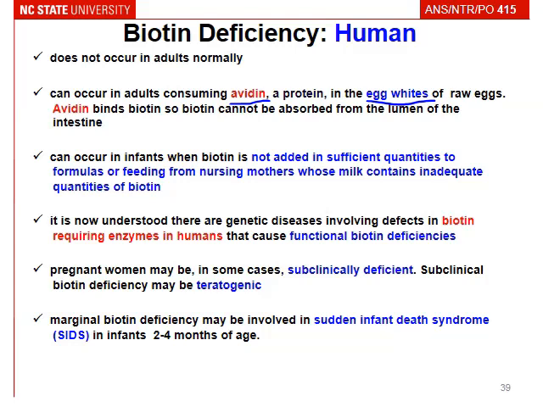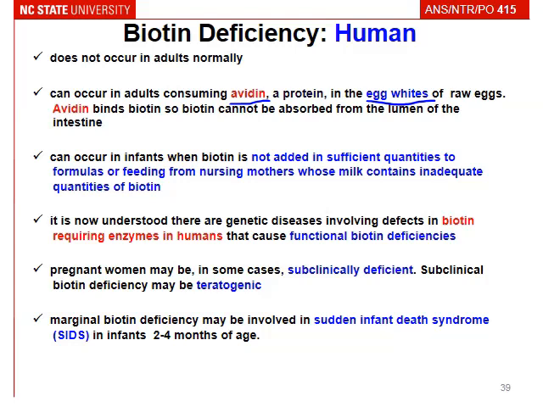In addition, you can see it more in infants when they don't have a sufficient amount of biotin, either in their formula, or the mother may be slightly or moderately deficient, or is putting inadequate amounts of biotin in the milk, so then the baby can become deficient.